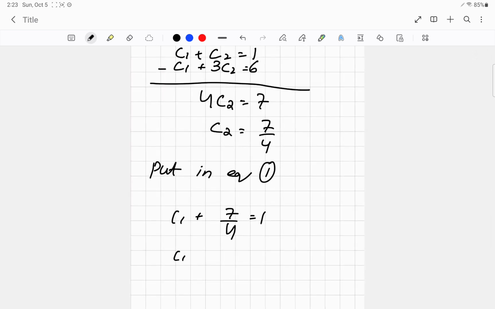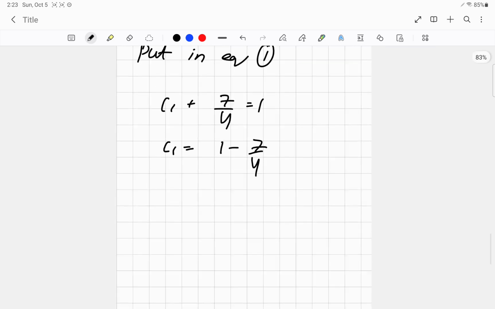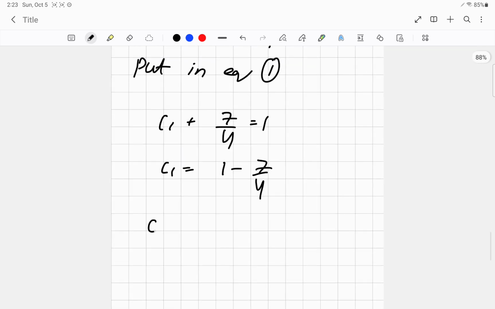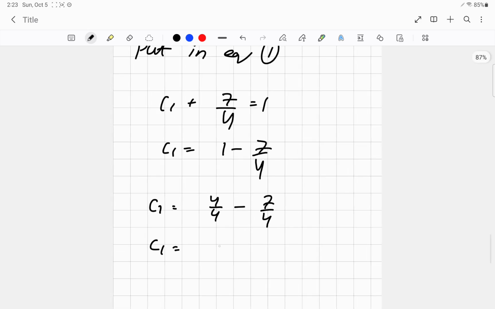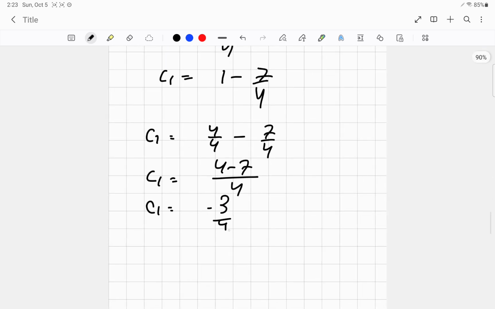So now c1 equals 1 minus 7 by 4, and if you take the LCM, this will become 4 by 4 minus 7 by 4, 4 minus 7, so c1 equals minus 3 by 4.